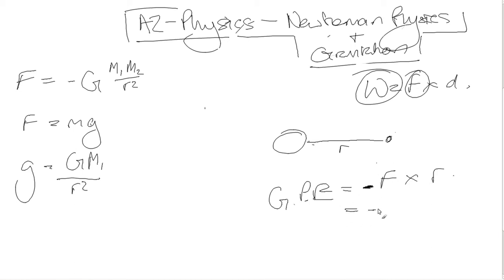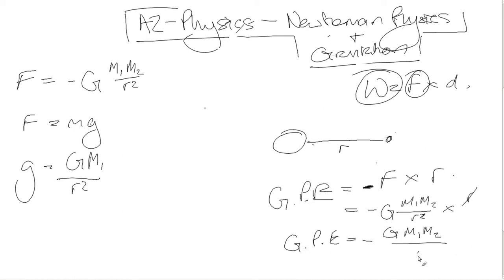Because the distances are very large, the force will be G m1 m2 over r squared, multiplied by r. And because the r's cancel, we end up with GPE being equal to minus G m1 m2 over r. That's the formula for gravitational potential energy.